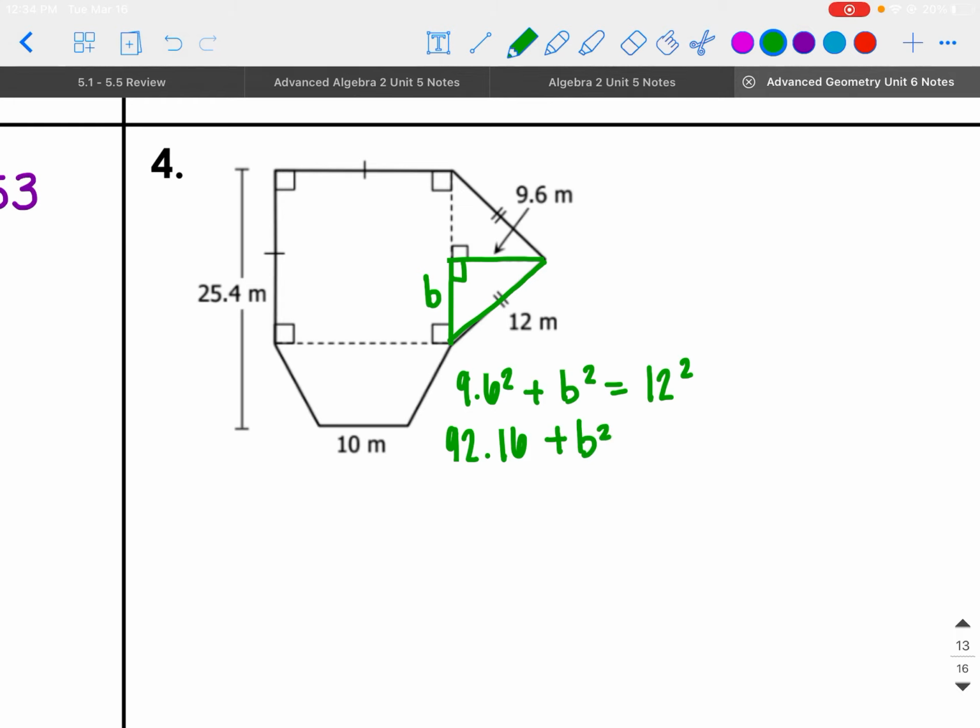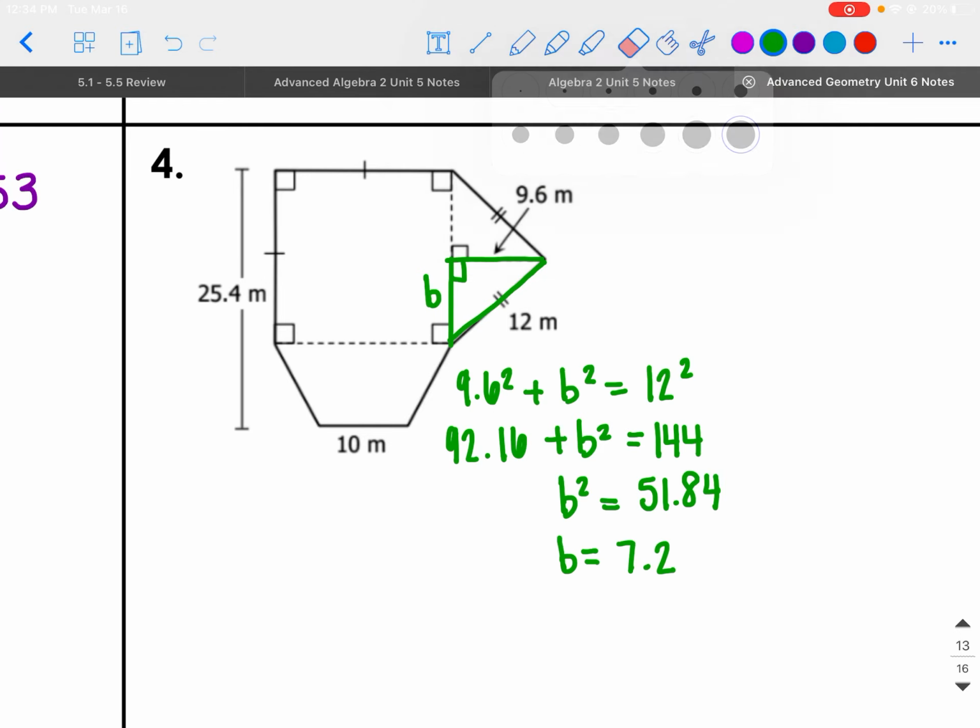$92.16 plus B squared equals 144. And if I subtract, we get B squared equals 51.84. And then when I take the square root, I get B is 7.2.